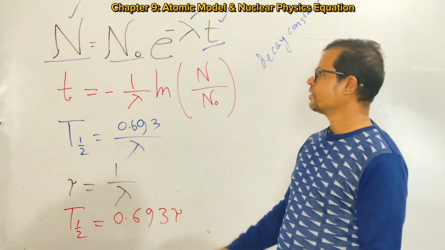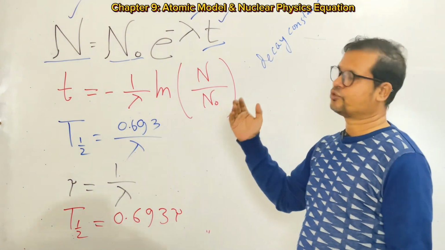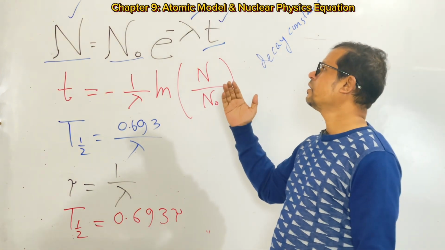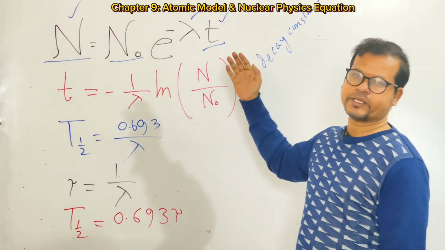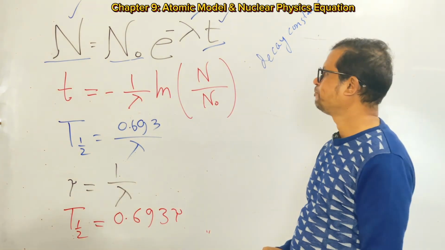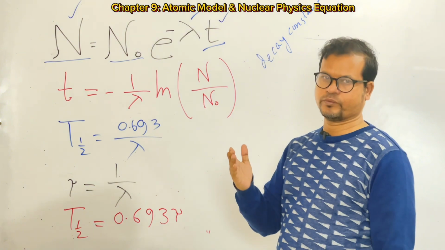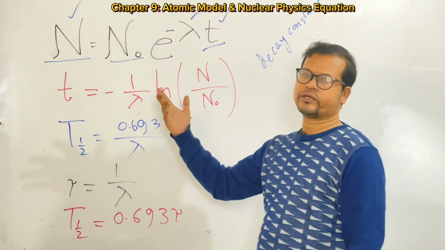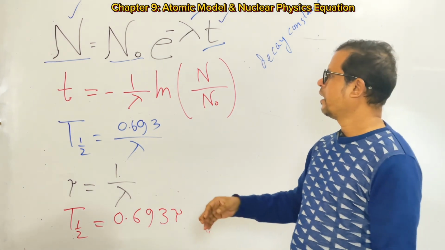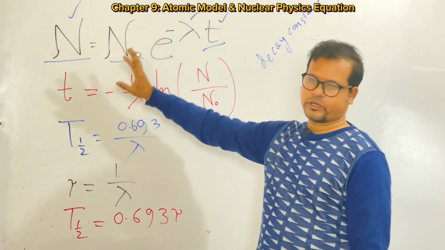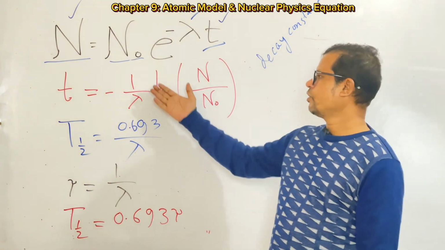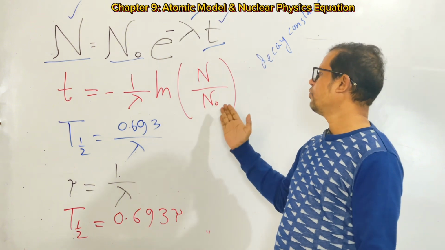Again I say, N equals N naught e to the power minus lambda t. Here t is time, lambda is the decay constant, N naught is the number of atoms initially, and N is the number of atoms remaining. From this equation, you can derive t equals minus 1 over lambda ln N over N naught.